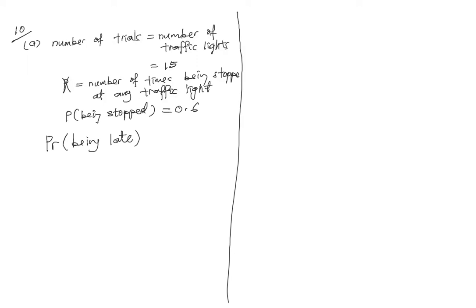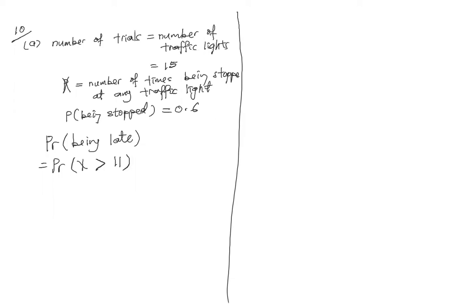How will she be late? Is probability when if she stopped at more than 11 traffic lights. X is more than 11. Am I right? Yeah. Okay.